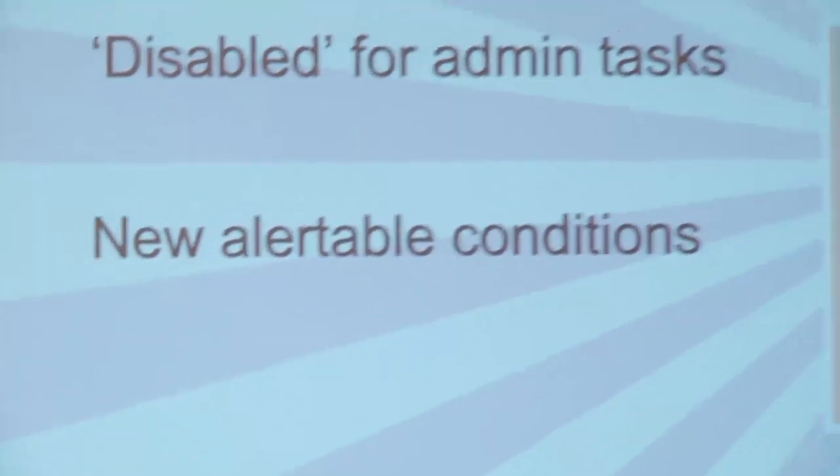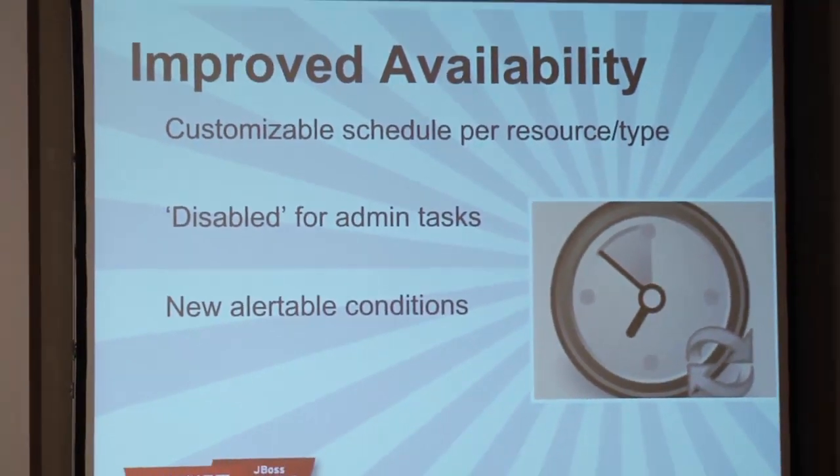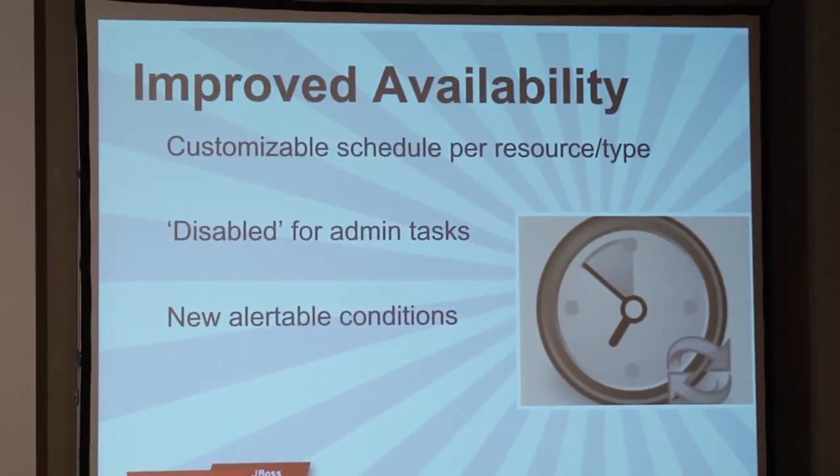Another feature that we just added is improved availability. This is sort of one of those things that's under the covers that makes the product work a lot better. Basically, for those of you who aren't familiar with what we do with John, one of the features that's most frequently used is to maintain visibility into the availability of various resources.